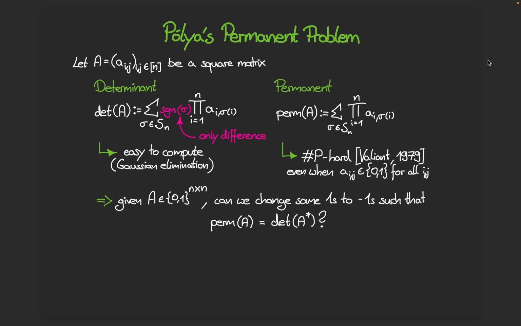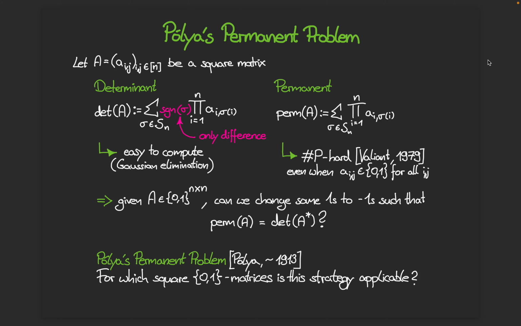That would be cool because it would give us a nice way to get to the permanent of some matrices at least. And this is exactly what Polya's permanent problem is about.